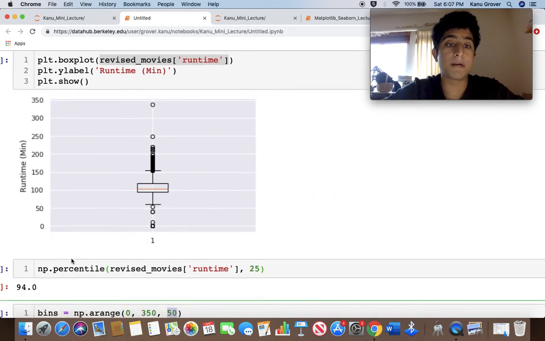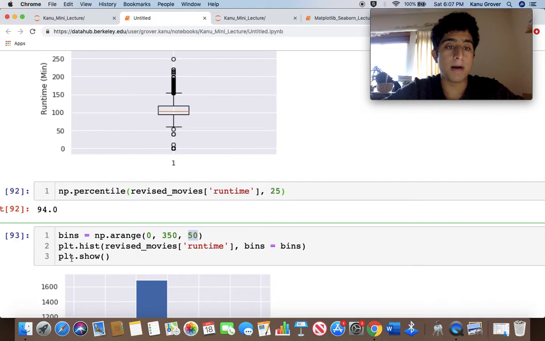So to construct my bins, I had it start at 0 and end at 350, so it would capture all of our data. And then a good step size is usually something that divides our interval into 7 to 10 pieces. So 50 in particular, if we multiply 50 by 7, we get 350, which is the range of our data. So this would be considered a good bin length for runtime.